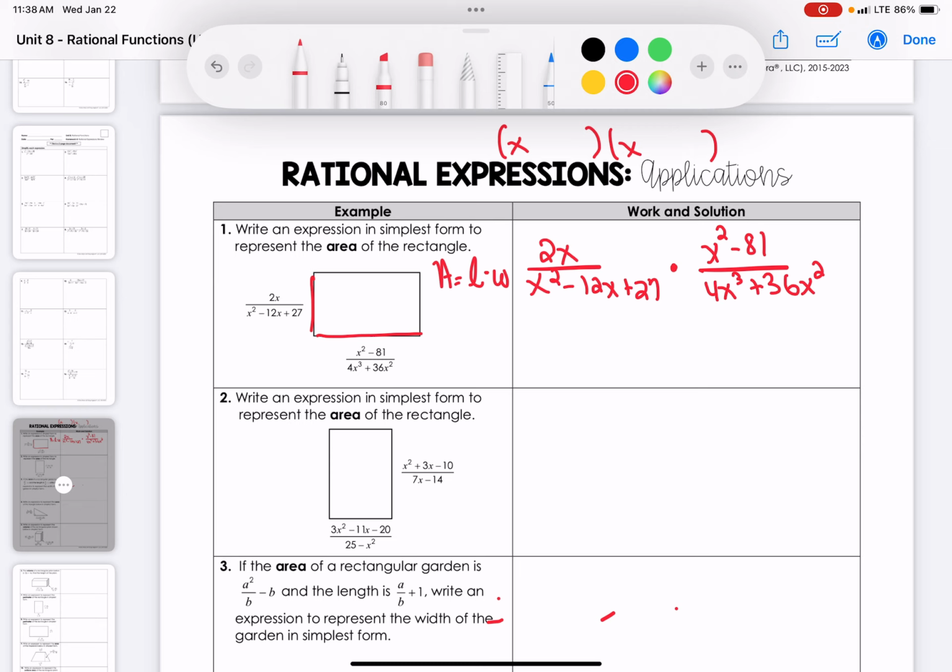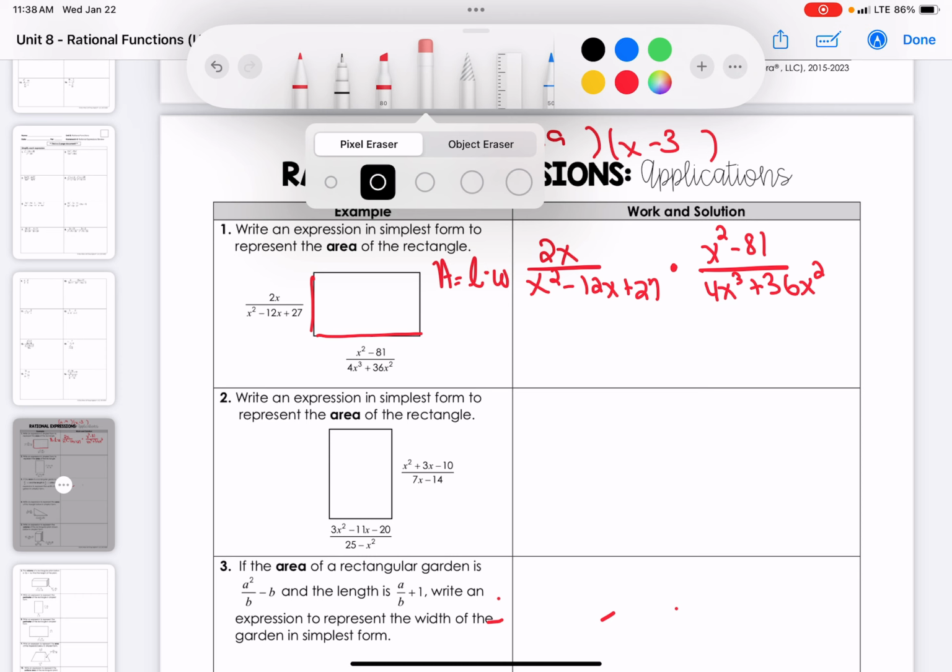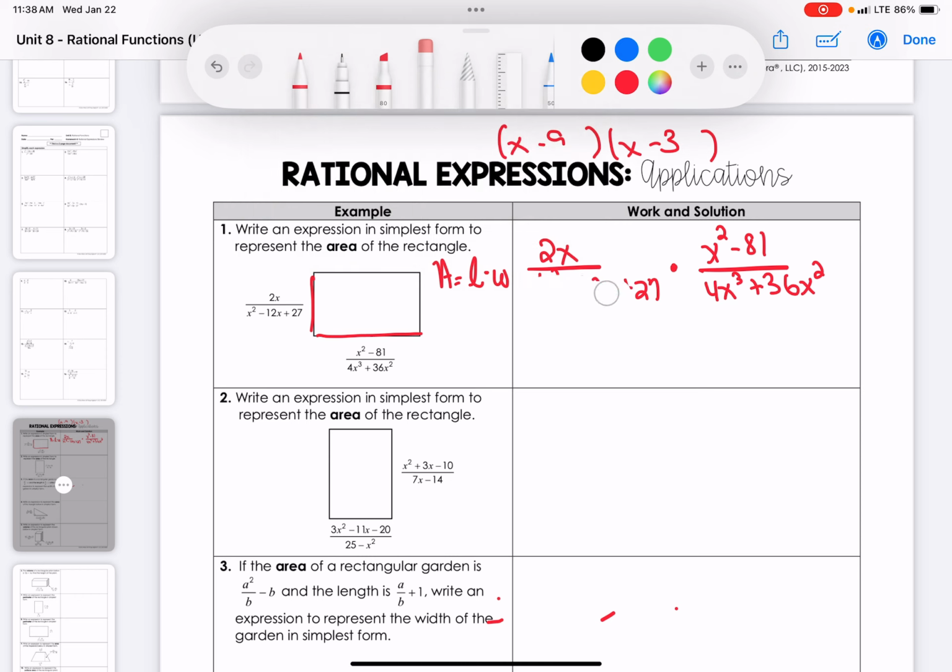So it looks like it's got to be 9 and 3, and they're both going to be negative, minus 9, minus 3. So I'm going to replace this with those 2 binomials. I got x minus 9, and x minus 3.